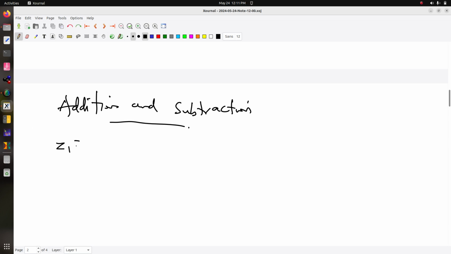Let's say z1 is x1 plus i y1. The real part of z1 is x1, and the imaginary part of z1 is y1. And we have z2, which is also x2 plus i y2.